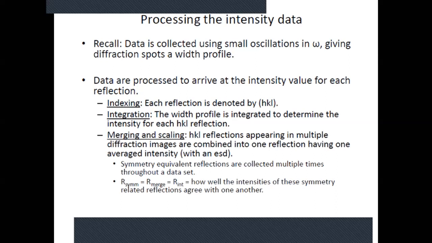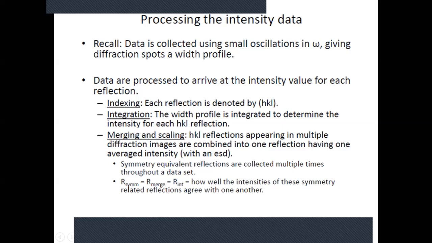Then after that, we do what's called merging and scaling. If you have HKL reflections that appear in multiple diffraction images, let's say you have the 100 showing up in multiple images, you just combine it into one reflection having one average intensity. If we have symmetry equivalent reflections, these are collected multiple times throughout the data set.